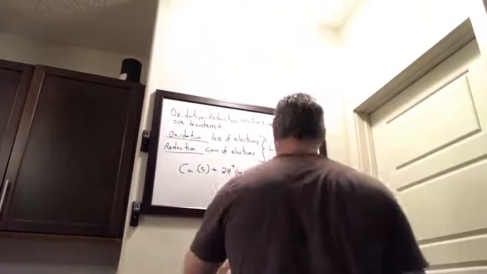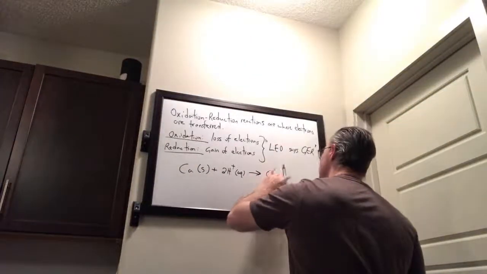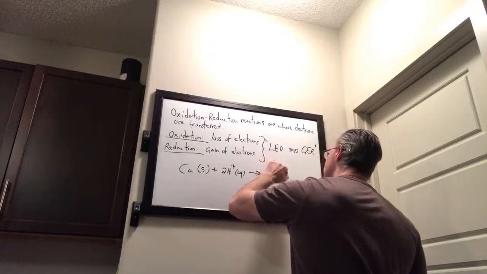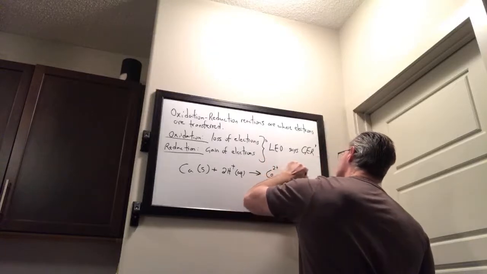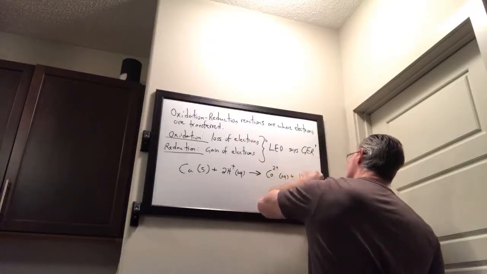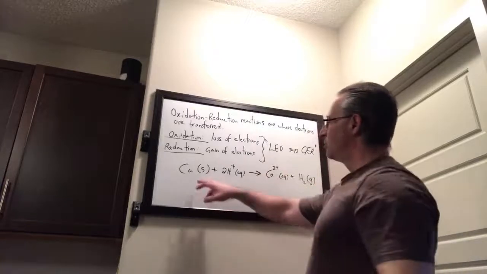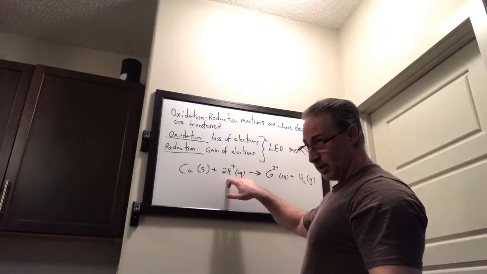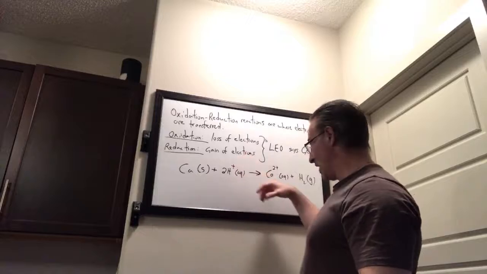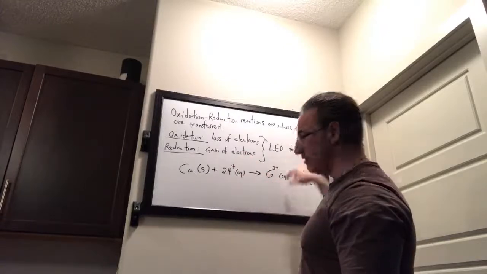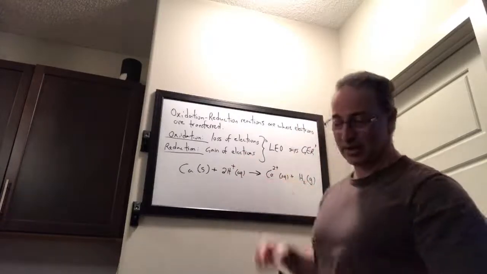So, for example, if you put calcium metal with hydrochloric acid, you would get a vigorous reaction. Hydrogen gas would bubble off, and your calcium would be oxidized. It would lose 2 electrons.